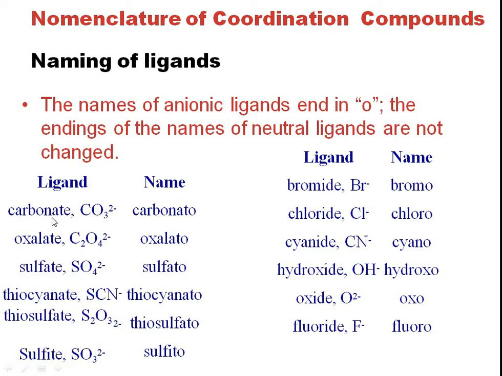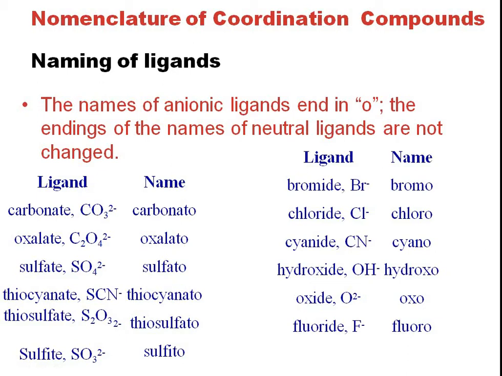When we write carbonate as a ligand, we will write carbonate. Oxalate is a ligand; we will write it as oxalate. In the same way, sulfate, SO4 2-, is written as sulfate.